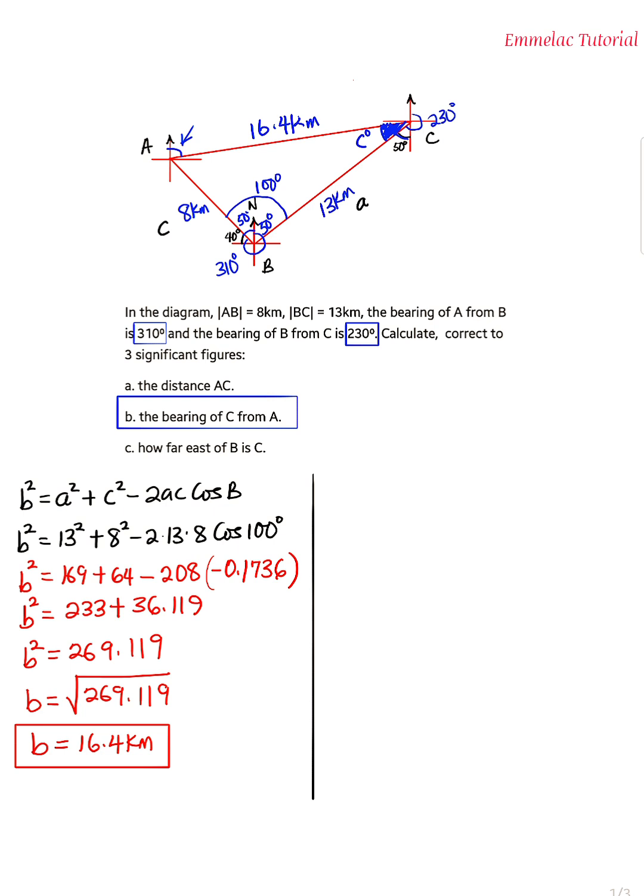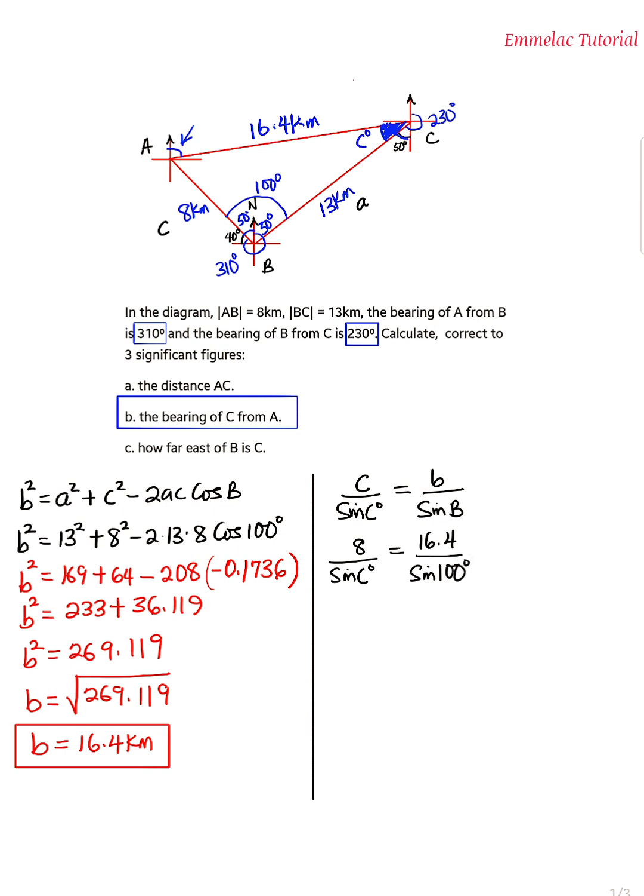By using the sine rule, the sine rule says c over the sine of angle C equals b over the sine of the measure of angle B. So this brings us to 8 over sine C degrees equals b, which is 16.4, over sine 100 degrees.